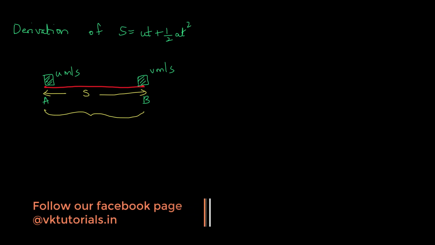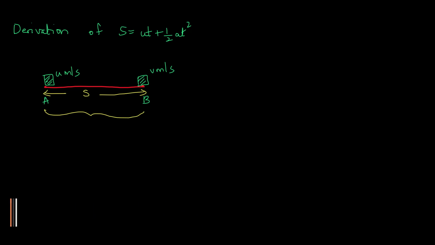Similar to the above description, consider a body which is moving with initial velocity u and attaining a final velocity v, which has to be displaced from A to B, a displacement of s, in time taken t. Total time to move from A to B, starting from rest at a uniform acceleration.